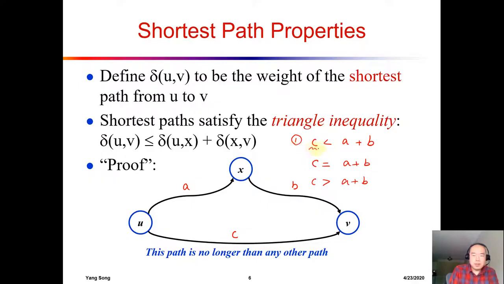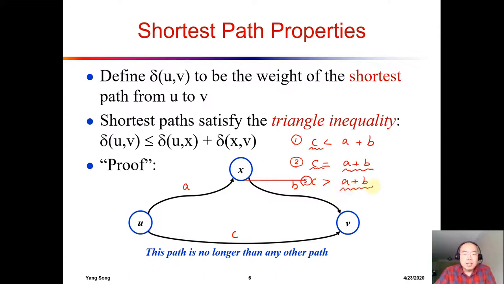The delta value will be C, right? Because that is the shortest path. And for case 2, it doesn't matter. Delta can be C or delta can be the sum of A plus B, because both of them are the same. And how about case 3? For case 3, which one will be the delta? The delta will be A plus B, right?